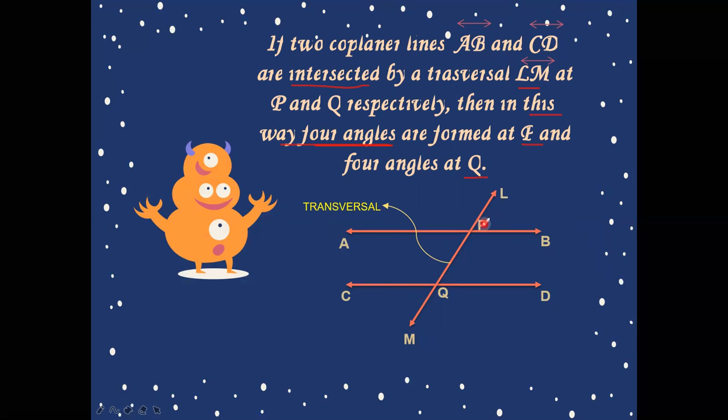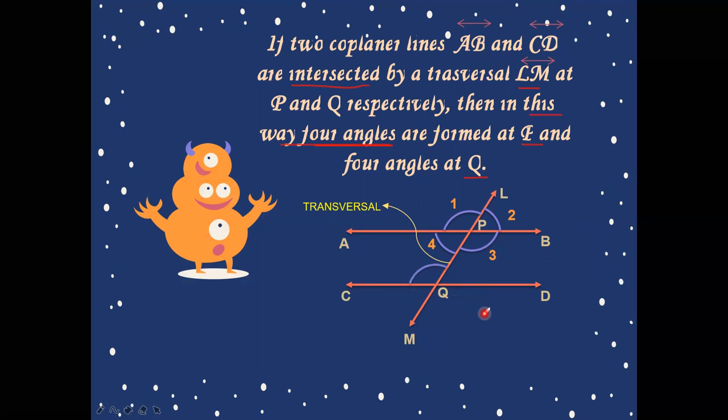This is the point P. How many angles can be formed here? Number one, then two, then three, and then four. So at point P, four angles can be formed. Similarly, at point Q, four angles can be formed as well.